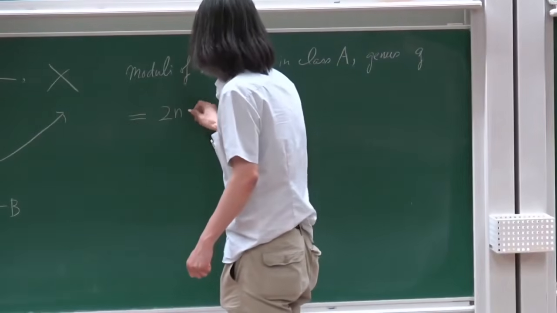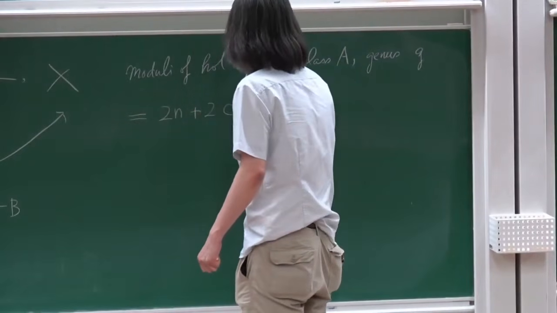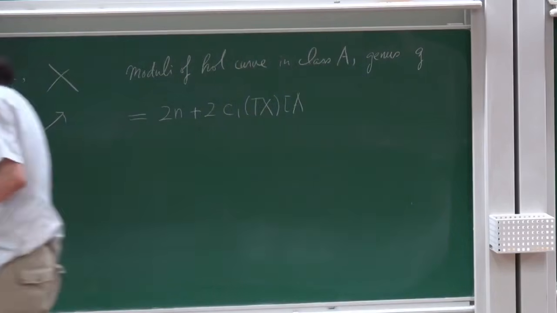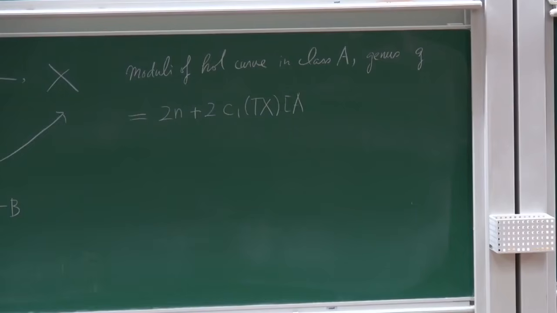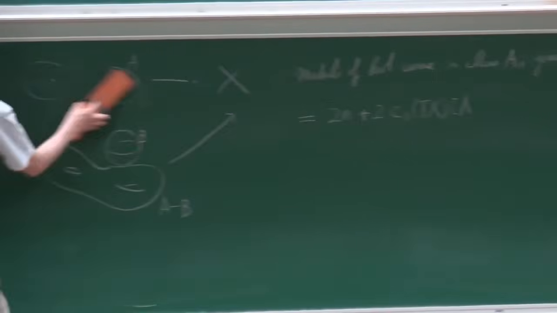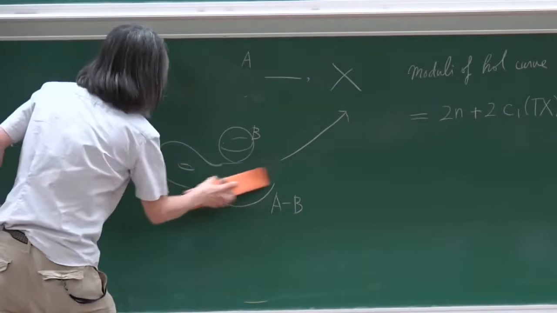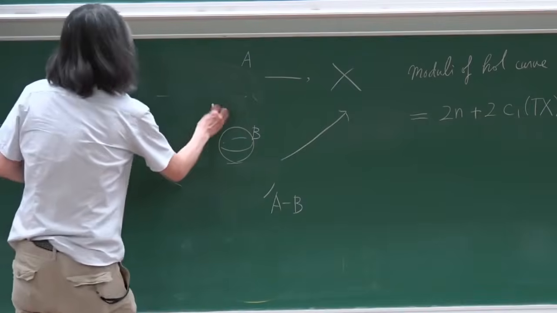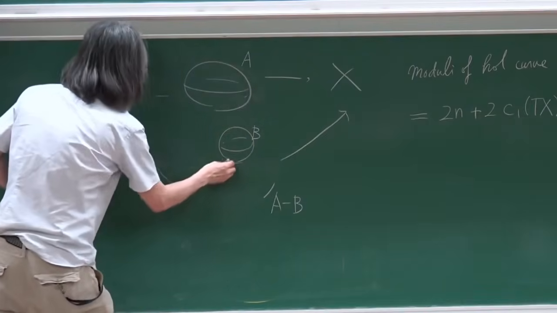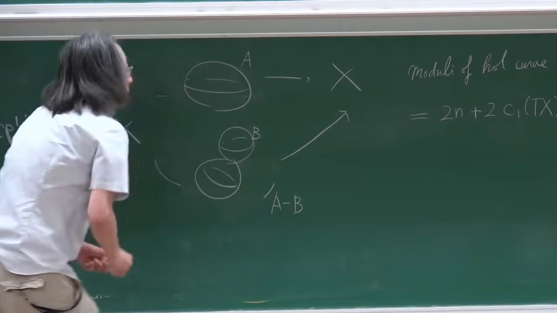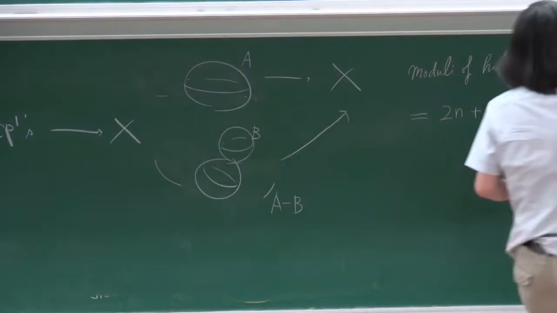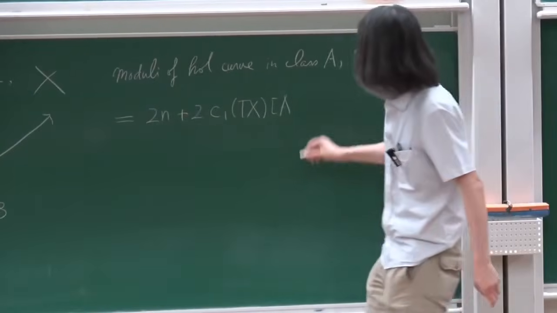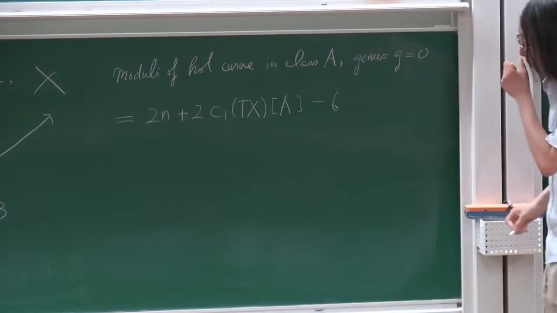The dimension is 2n plus 2 times c1 of TX of A. Sorry. Maybe just consider the case of P1, maybe that's easier. So now I just consider a sphere. Maybe that is much easier for computation. Any domain is okay, but just consider this. So genus 0. Then this is actually this minus 6, right?